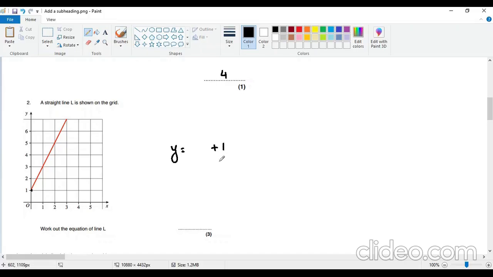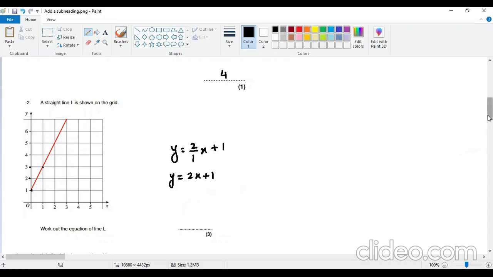And from 1 you should see how much it is rising and how much it is running. From here it's running 1, 2, that means 2 is the rise and 1 is the run. That means 2 over 1 x, or you can say y equals 2x plus 1 is the equation of this line. Get it?